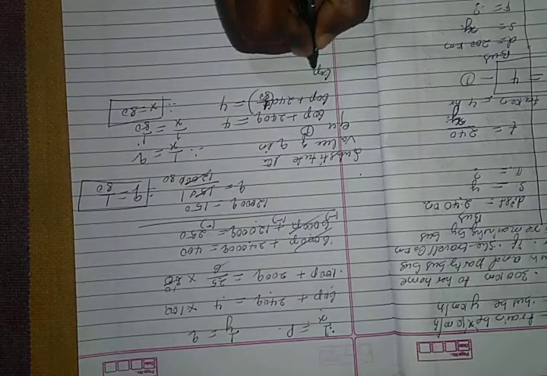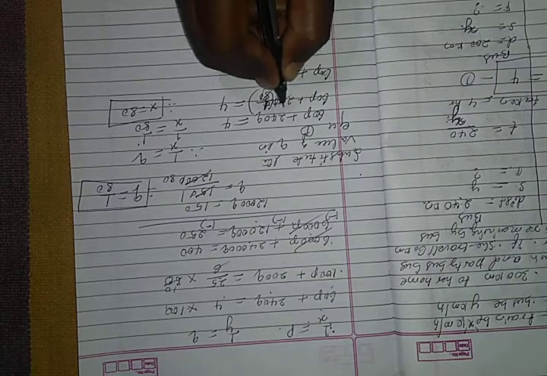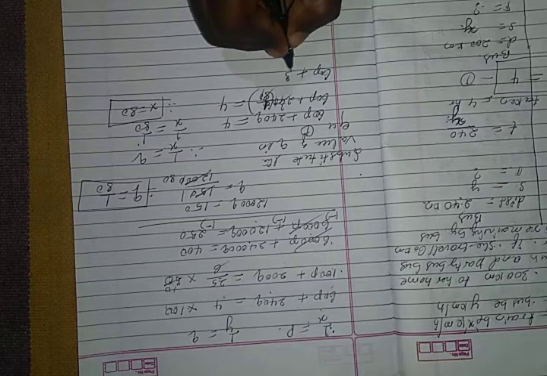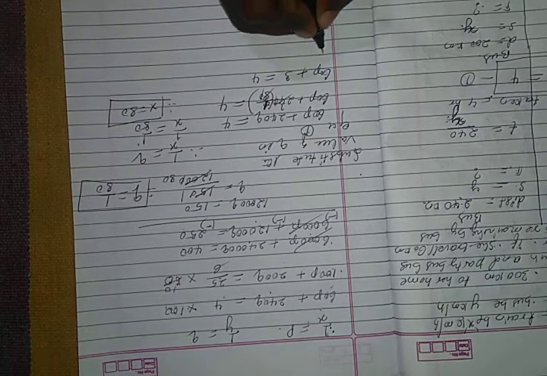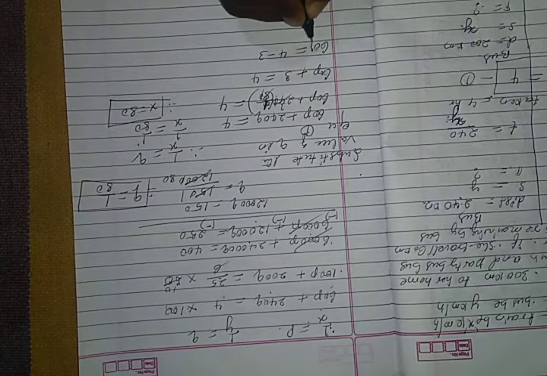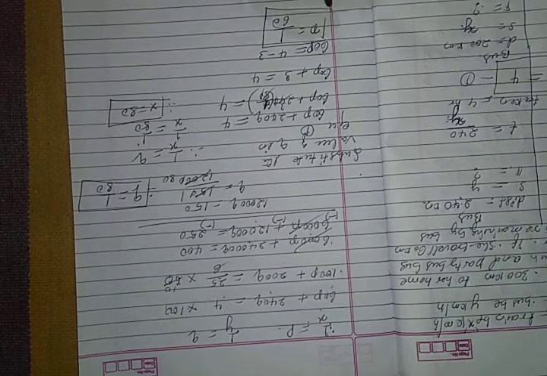Then 60p plus 3 is equal to 4, so 60p is equal to 4 minus 3, and p is equal to 1 divided by 60. So the value of p is 1 by 60.